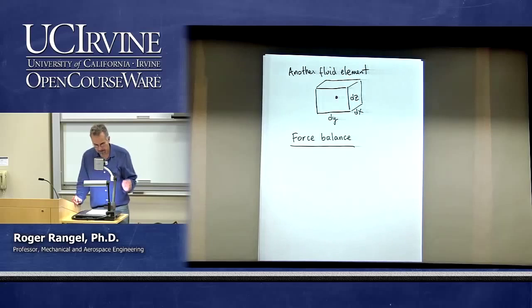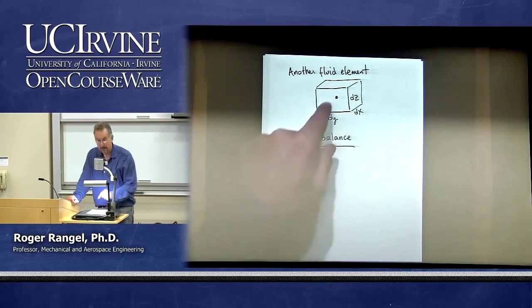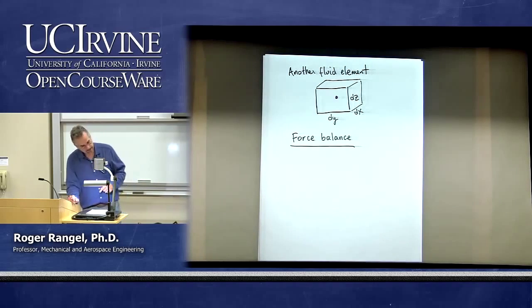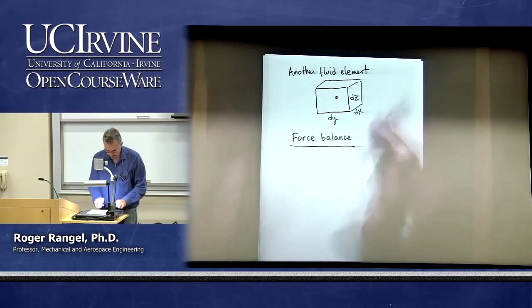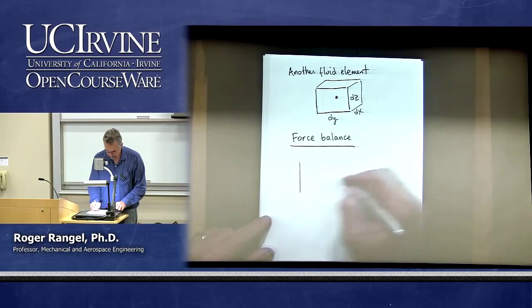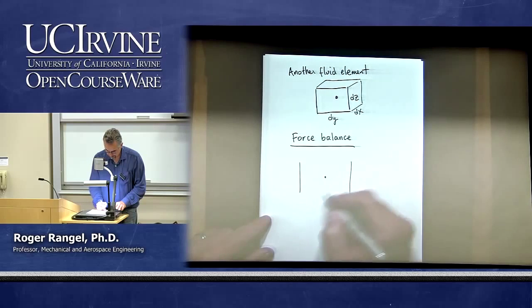And I'm going to refer any quantity that I need to the value of that property at the center of the element. For example, if I am looking at this side, here's the center. This is the side that measures dy.